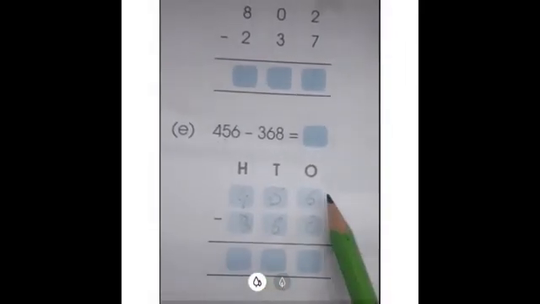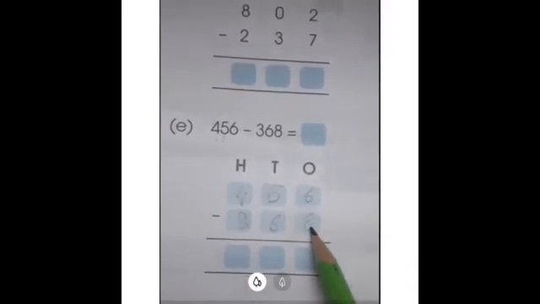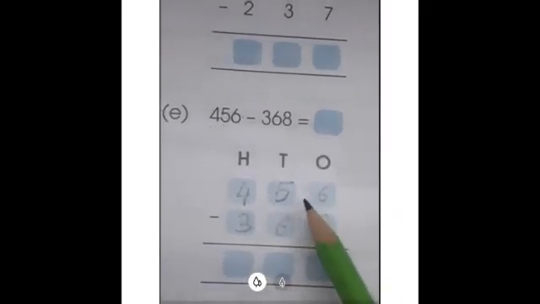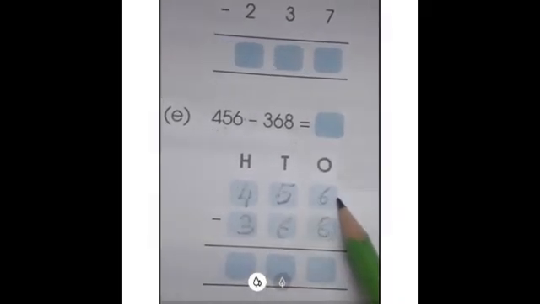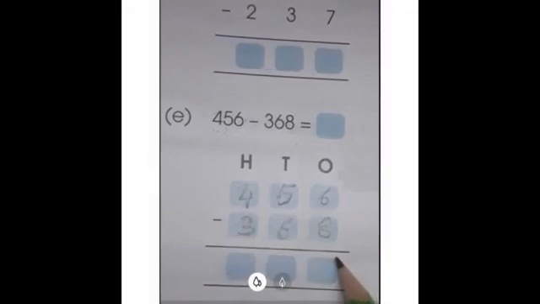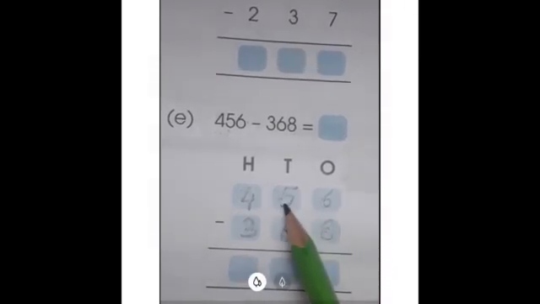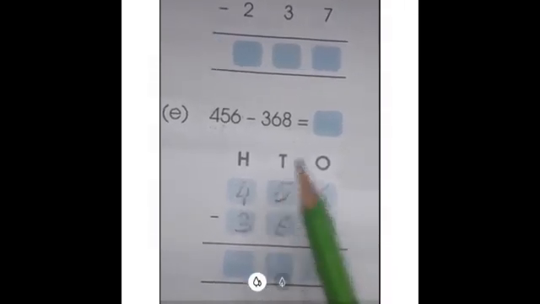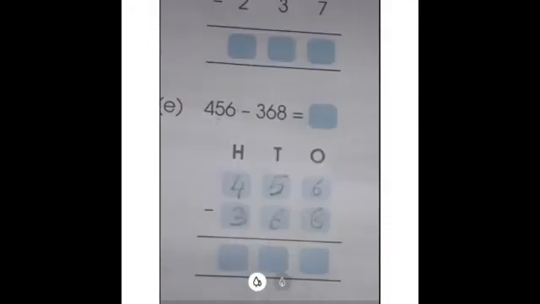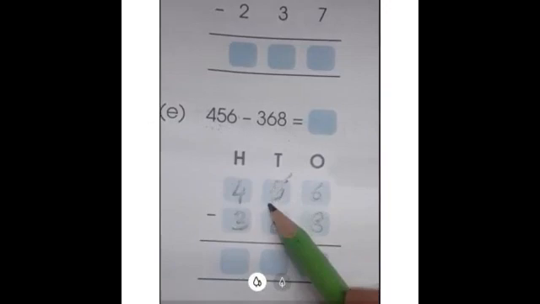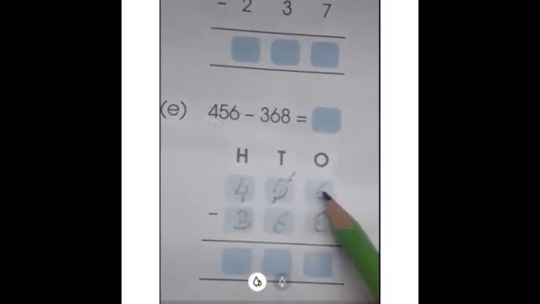So start working from the ones column. 6 minus 8. You have learned if the top digit is less than the bottom digit, you need regrouping. To regroup, you borrow one number from the neighbor. Okay, it's 5. Now you will cut it for taking one carry for the ones digit.